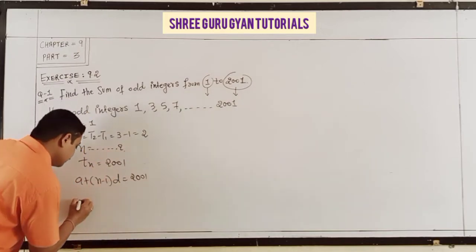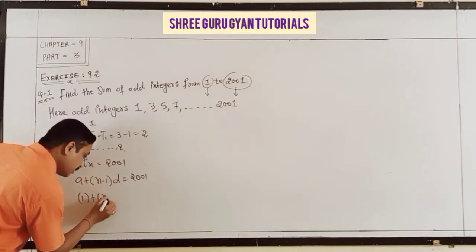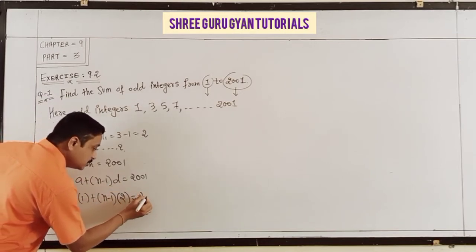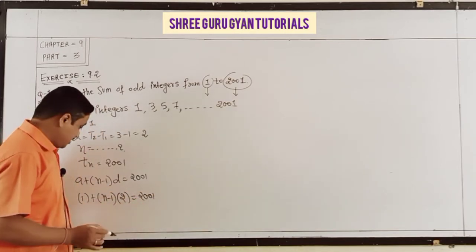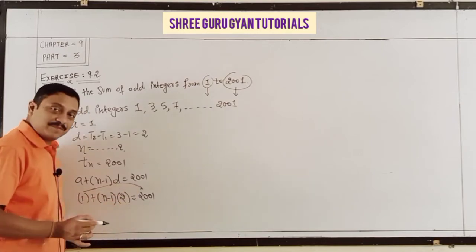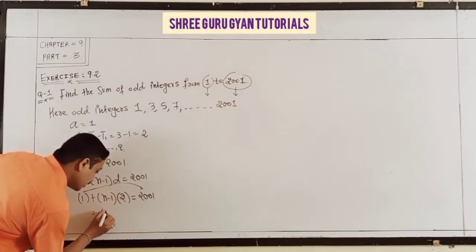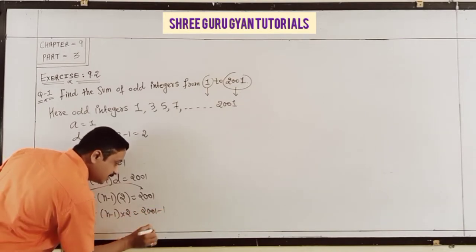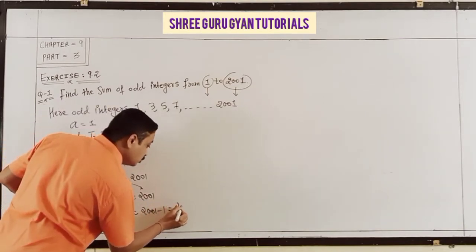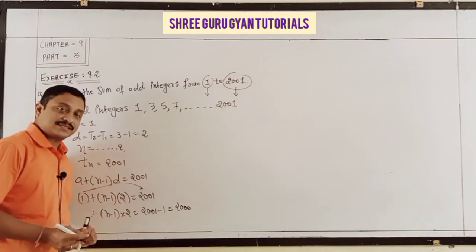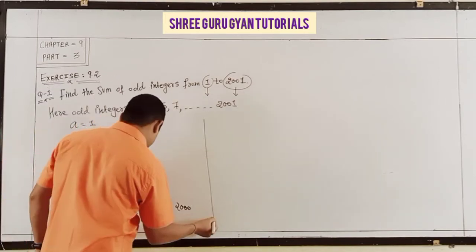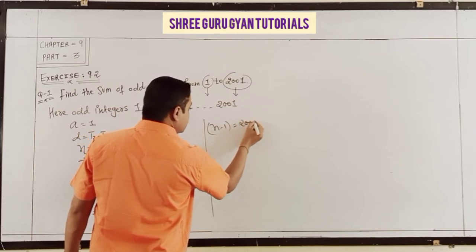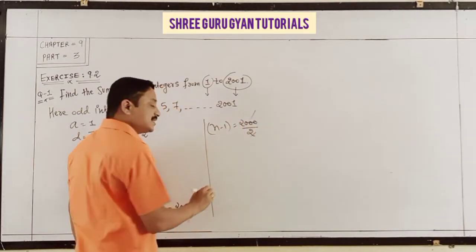A is 1, n minus 1, but d is 2, and here 2001 the same. Now I carry this one to the right side, so n minus 1 into 2, and 2001 minus 1 is 2000. Finally you get n minus 1 equal to 2000 by 2, that cancels.